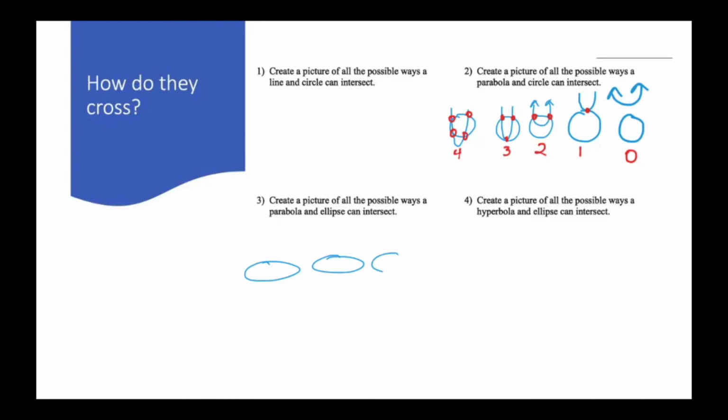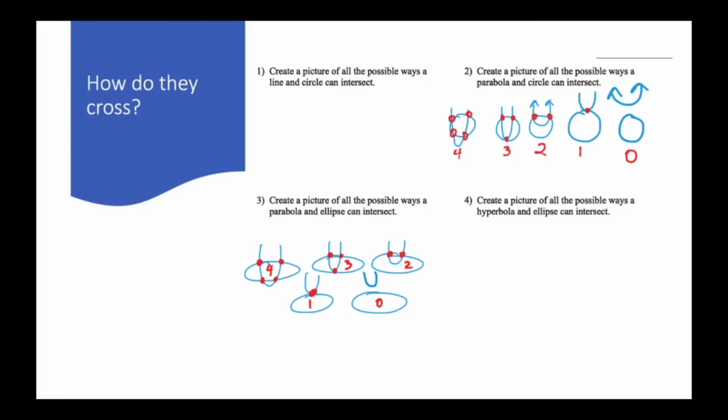I'm going to draw bunches of ellipses first. I have some that cross 4 times, 3 times, 2 times, and no time at all. Remember that those parabolas can turn on their side and up and down. But we can have at most 4, and every number in between 0 and 4.